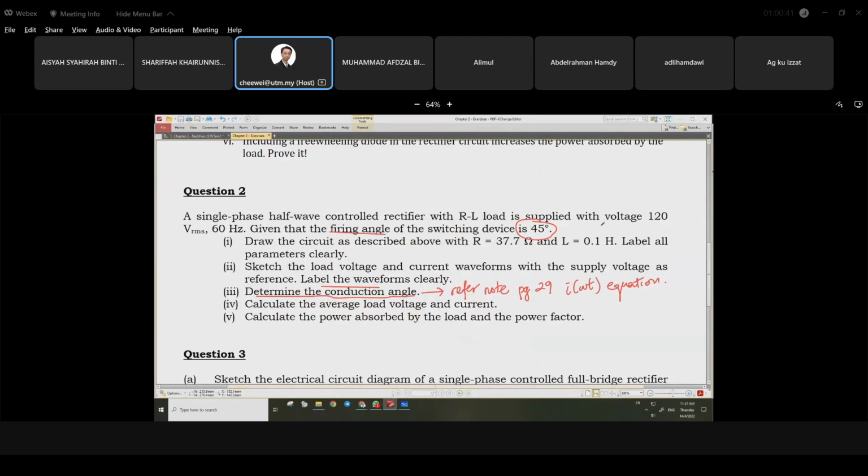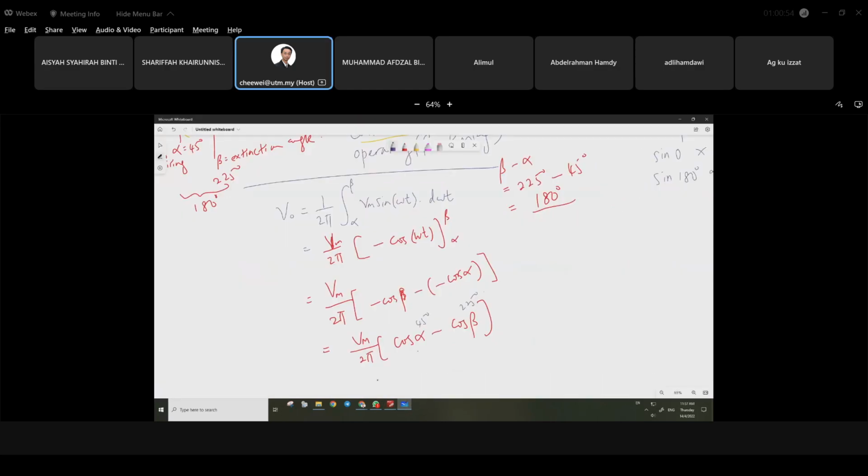The supply voltage, right? Vs equals 120 V RMS. Okay, so if the RMS value is 120, what is the Vm? 120 times root 2, right?